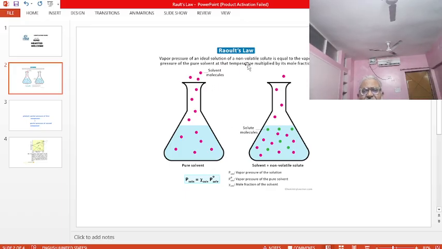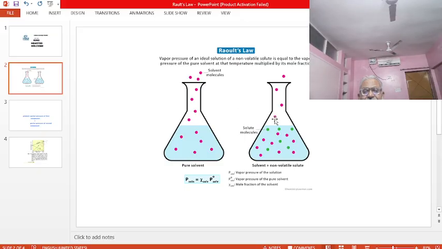The vapor pressure of an ideal solution of a non-volatile solute is equal to the vapor pressure of the pure solvent at that temperature multiplied by its mole fraction. That is, you have to multiply the vapor pressure of the pure solvent with the mole fraction of that particular component.